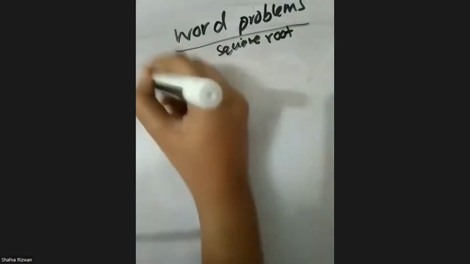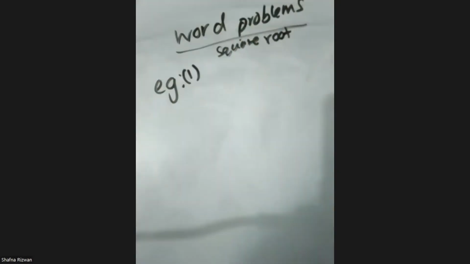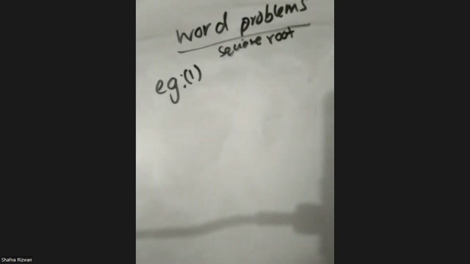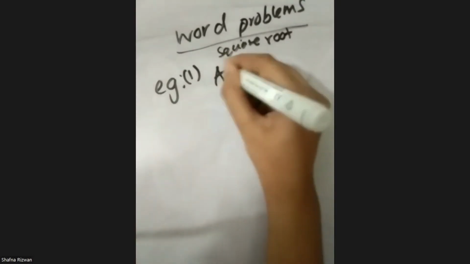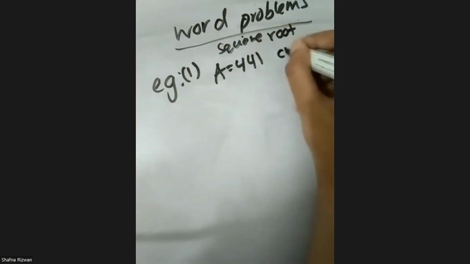Now let's take one question first of all. They are asking you to find the length of a side of a square with an area of 441 square centimeters.